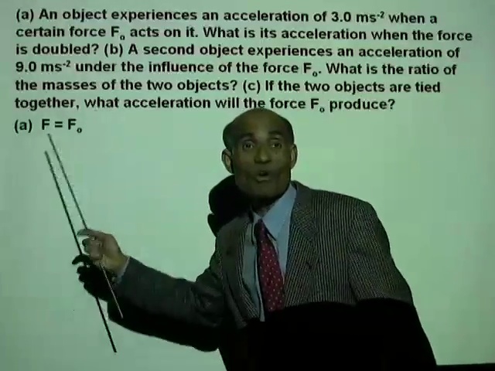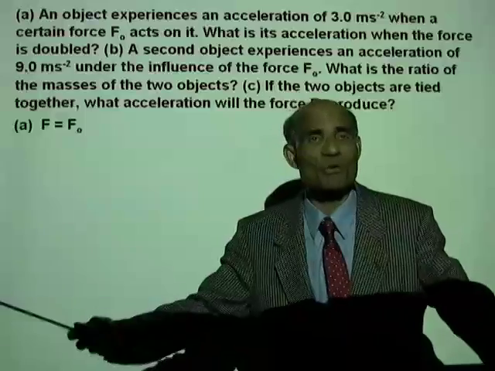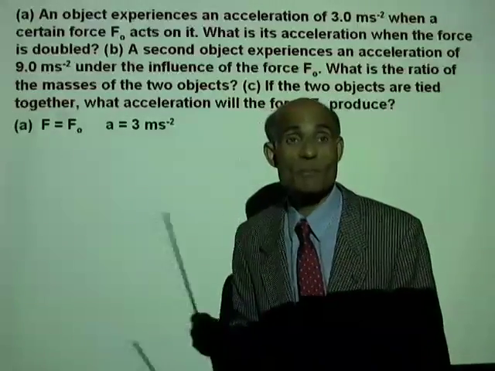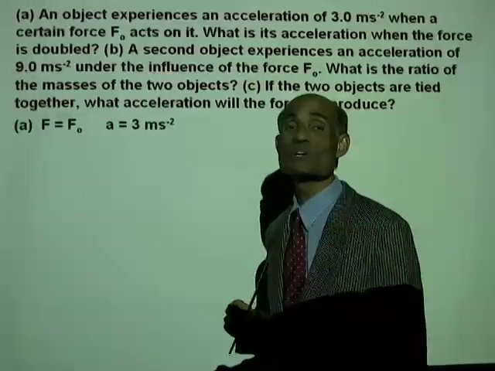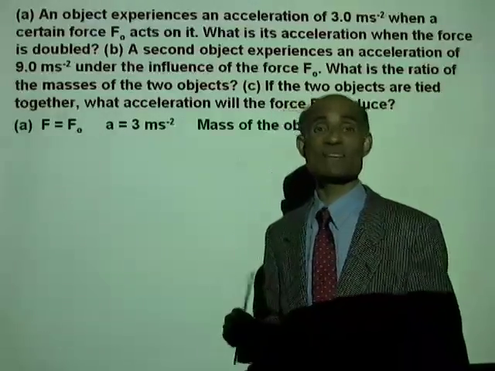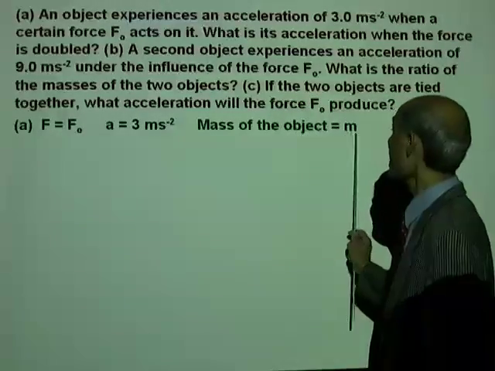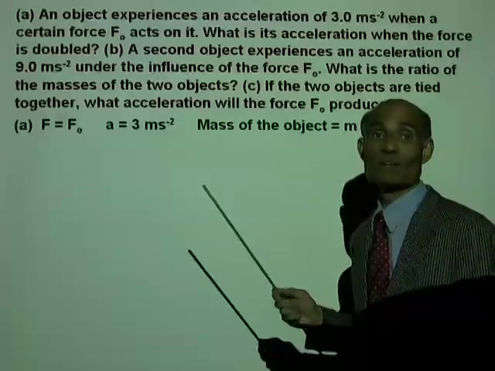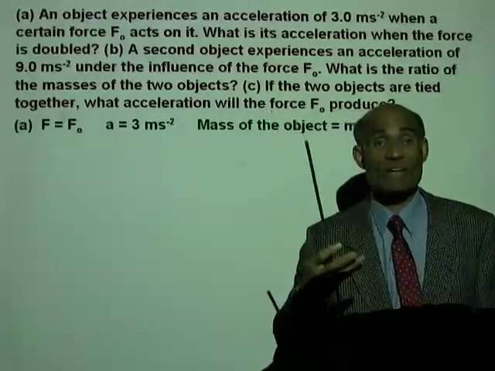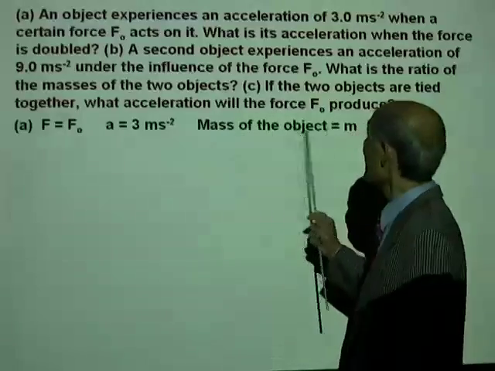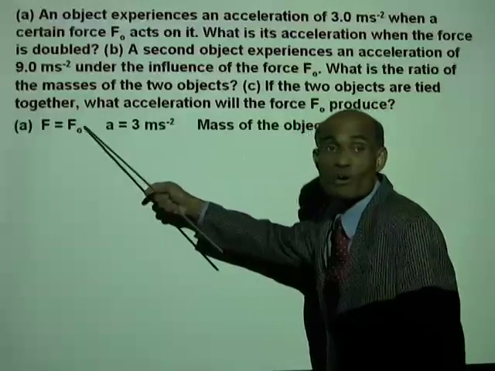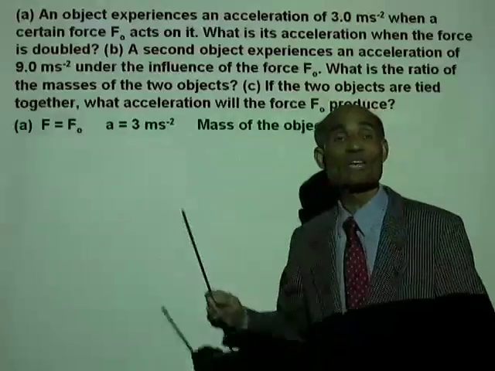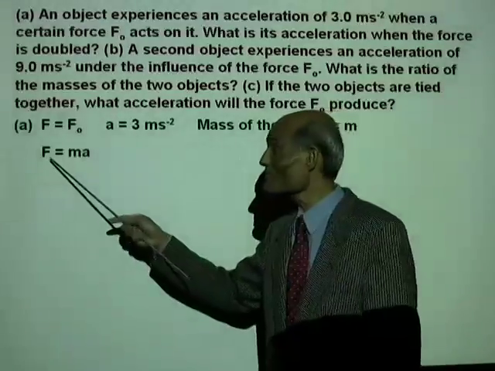The applied force is given to be F0. The acceleration that it causes on a mass is a equal to 3 meters per second squared. Mass of the object we don't know, we call it m. Therefore we can now write one equation right away: F0 equal to ma, F0 equal to 3m. Is that right?